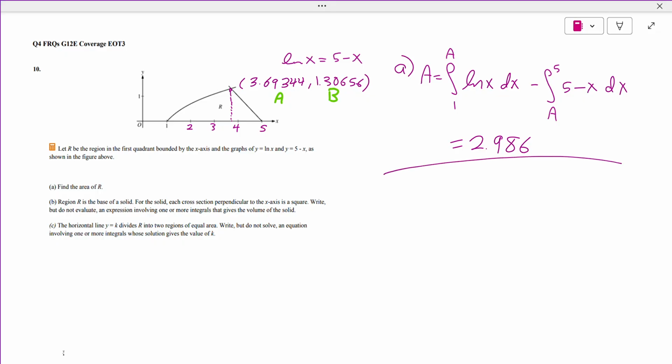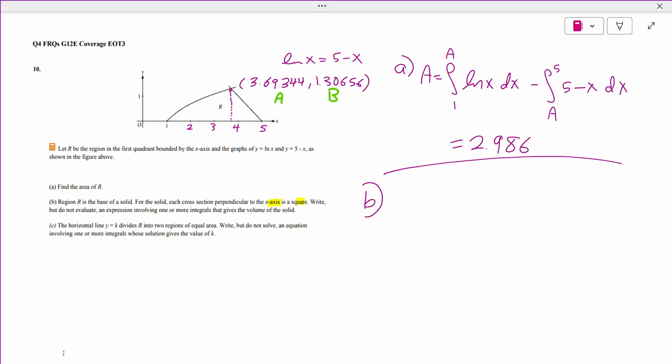This is part A. For part B, it says region R is the base of a solid, the cross sections perpendicular to the x-axis are squares, but do not evaluate an integral that gives the volume.